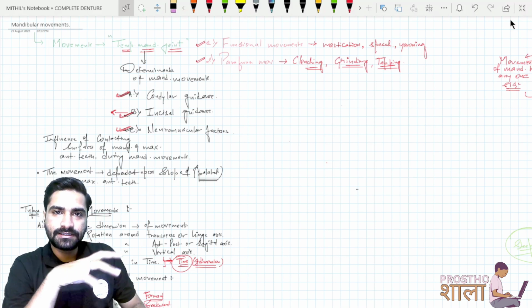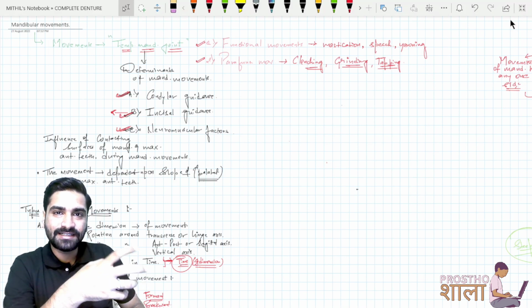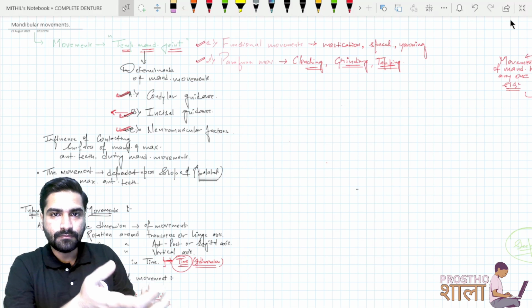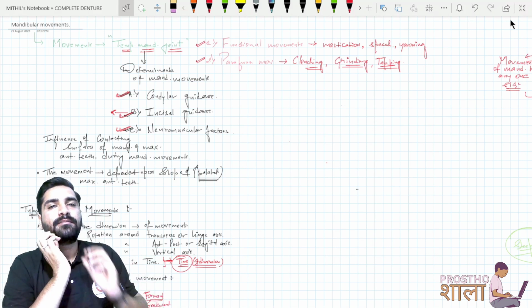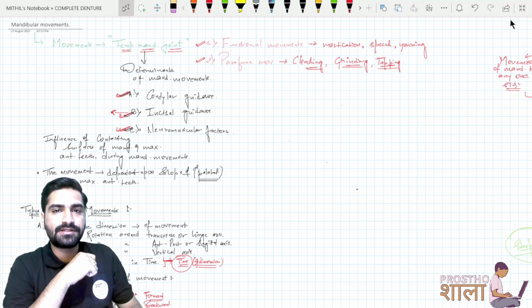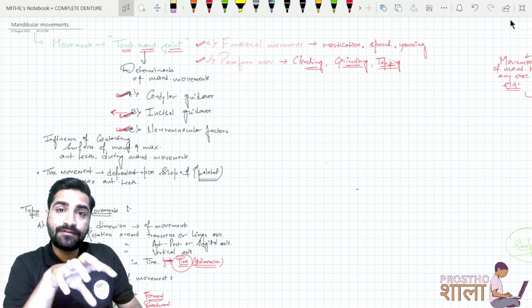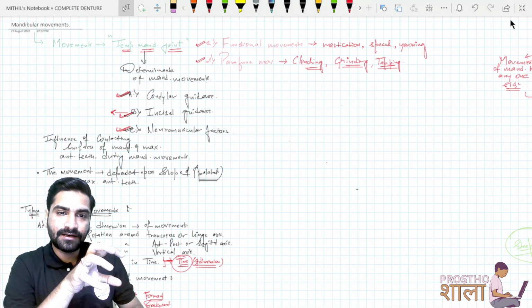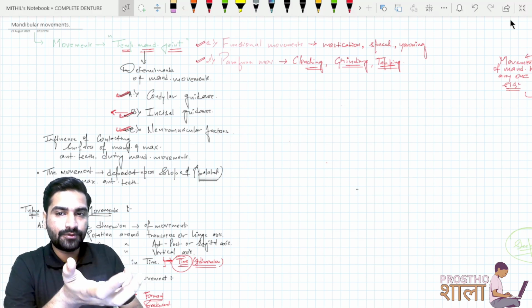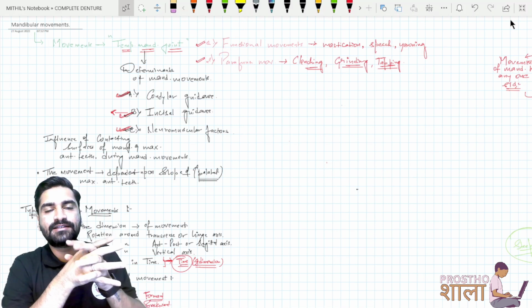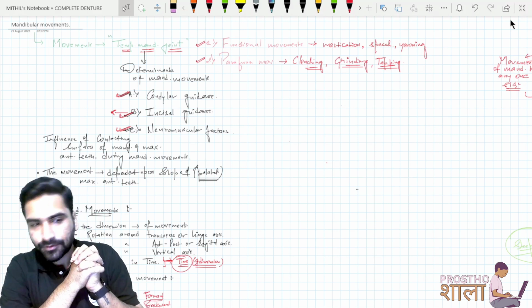So the prosthesis or the complete denture which you are fabricating should be in harmony with these movements of the mandible of your respective patient. Every patient will have different range and different type of movements in different planes, and you need to understand those movements, and then only you can harmonize the movements with your prosthesis.